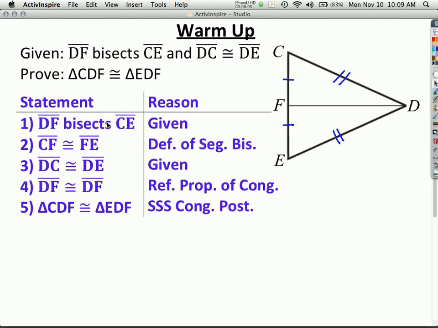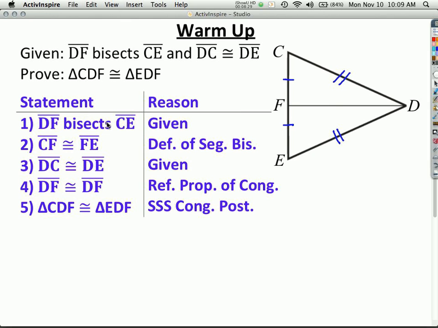Go. Instead of saying definition of segment bisector, could you say definition of midpoint? Well, you skipped over something. Remember that your proof has to be something that an idiot can read and understand. Where did you say midpoint?